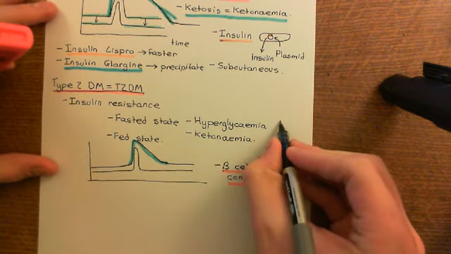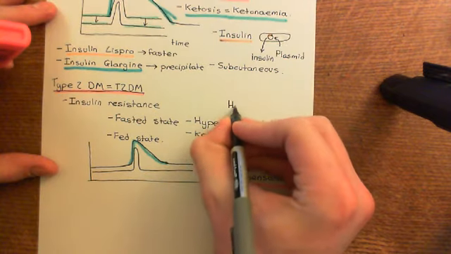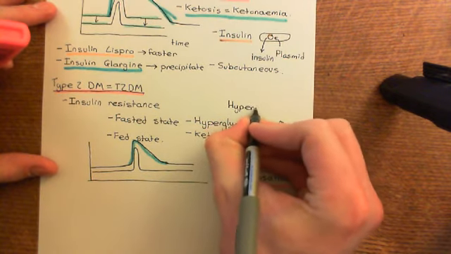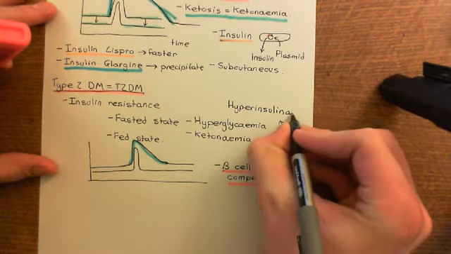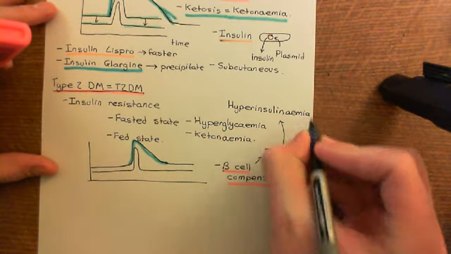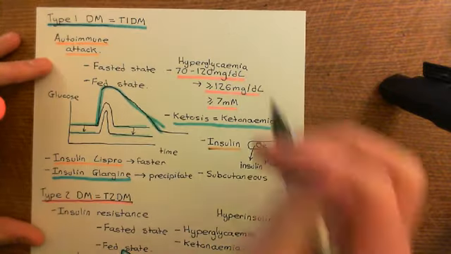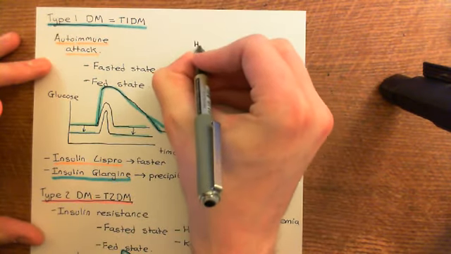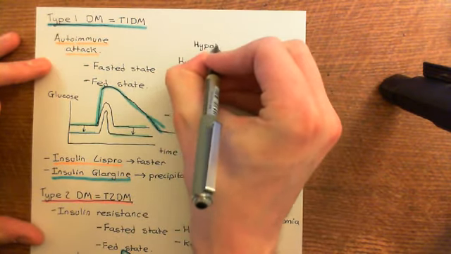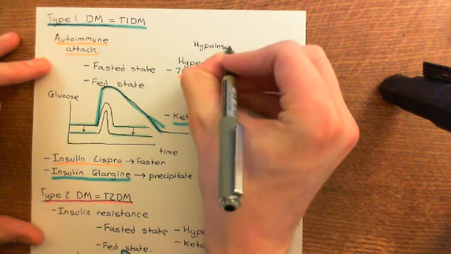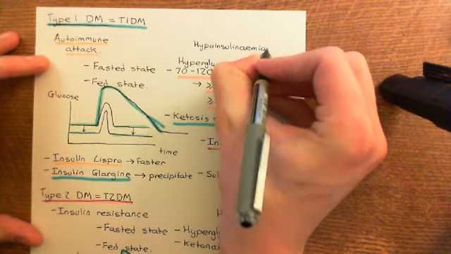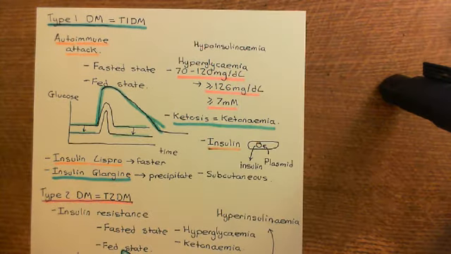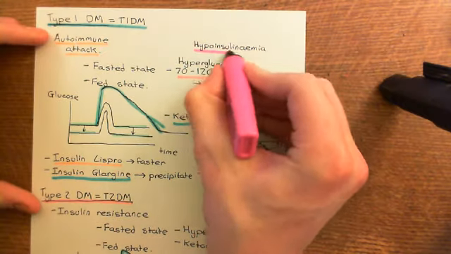There's a fancy word for this: it is known as hyperinsulinemia. It's the opposite of what happens in type 1 diabetes mellitus, where you get hypoinsulinemia. Because the beta cells have been destroyed in type 1 diabetes, you can no longer produce insulin, and therefore you get hypoinsulinemia. So they really are the opposites, but they have the same effect, basically.